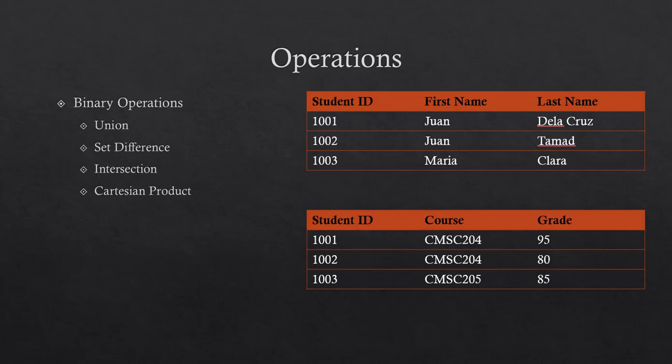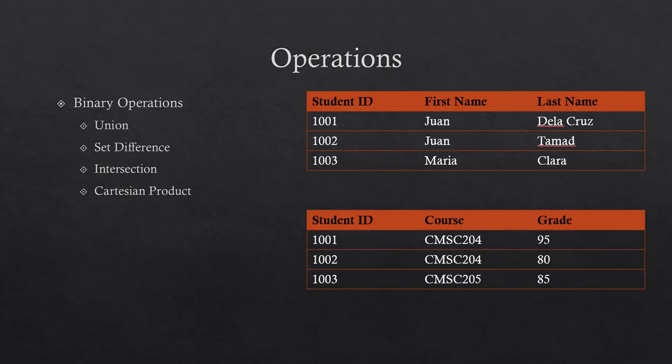So the first binary operation would be union. Union, keyword, joining together, right? Our first union would be having, for example, this first table on top and the second table below, and then you bring together the relations of the first and second table.